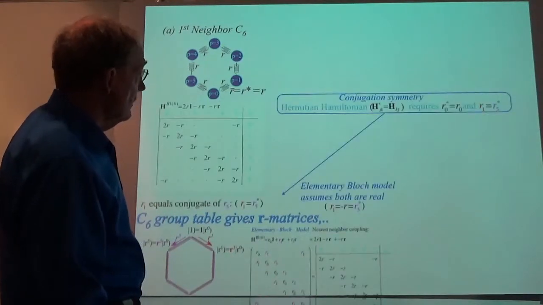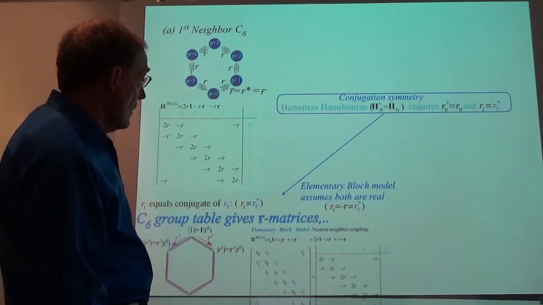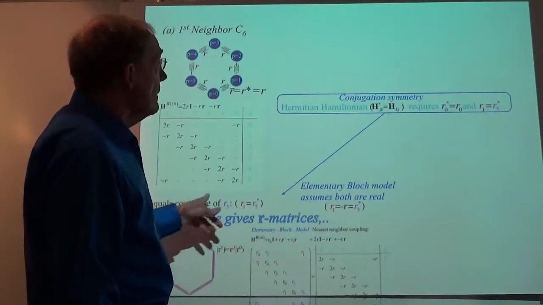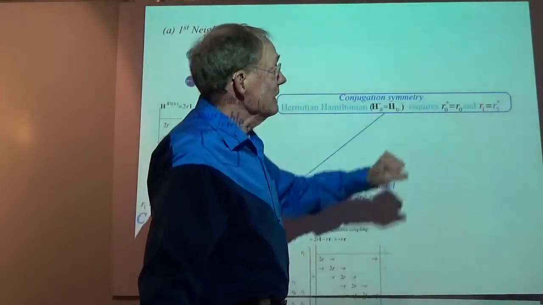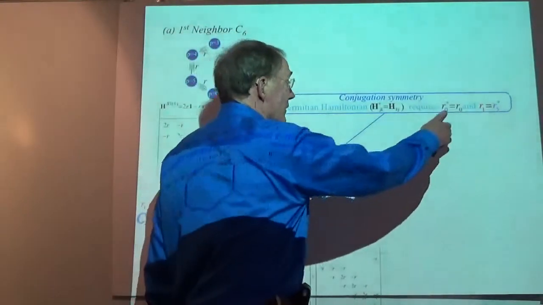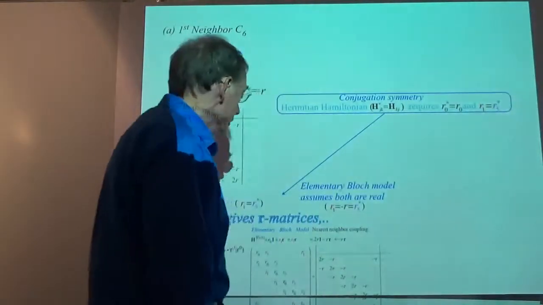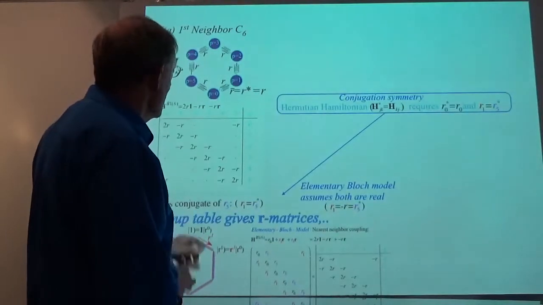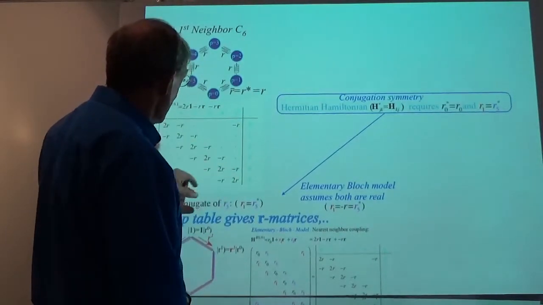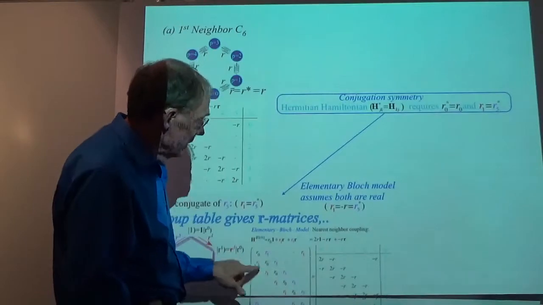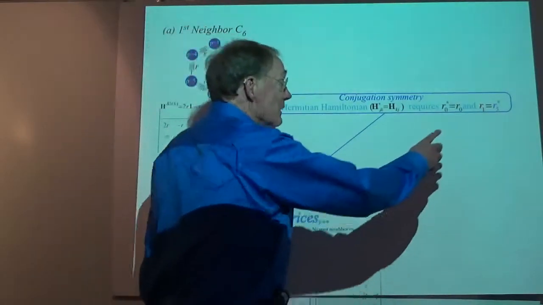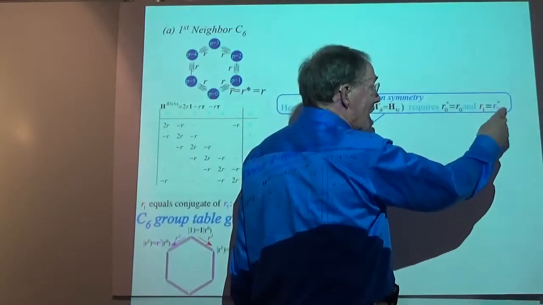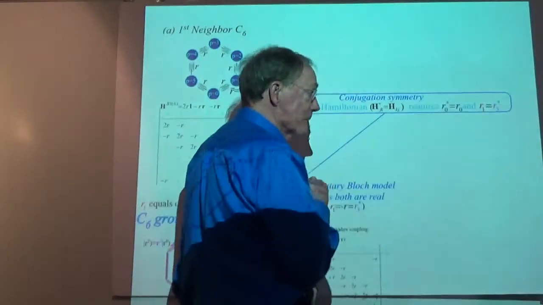Now another possibility is, well, before I say that, I should point out that if you have conjugation symmetry, then first of all, the diagonal coefficient here has to be real. Okay, so that is just a real number for sure. And then the question is what to do about the R5 and the R1. Well, R1 has got to be the complex conjugation of R5. Okay?